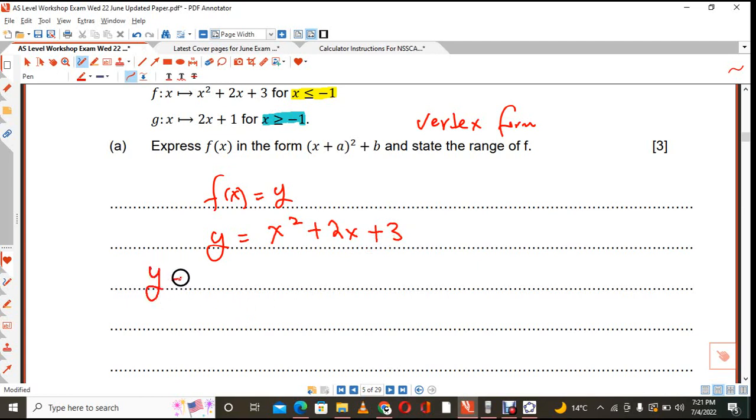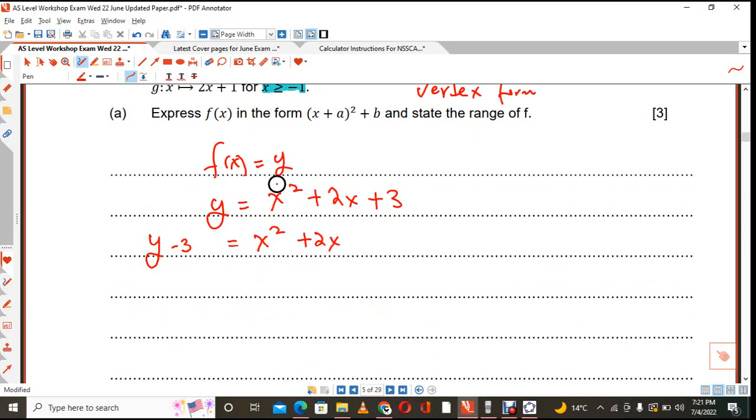Then y minus 3 equals x squared plus 2x. What I do is first move that constant over, and then find half of the middle term. So half of 2, and squaring it. It's always half of b, squared. I hope you still remember that.